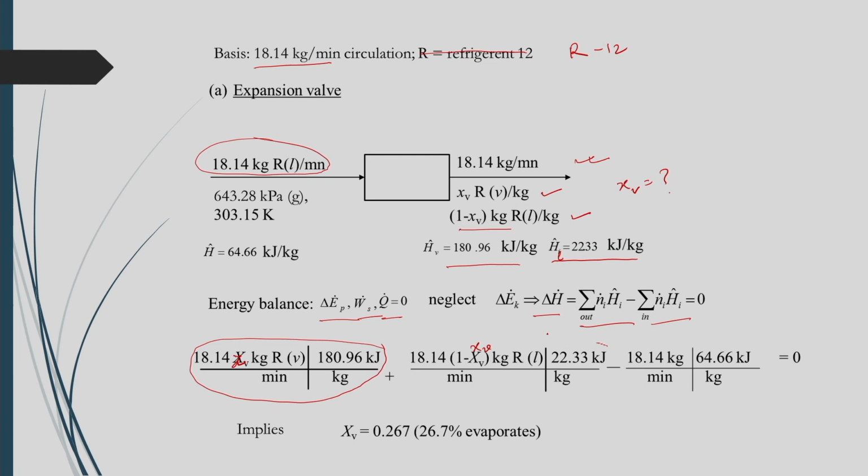Ultimately this gives the enthalpy of the liquid in the outlet stream. Now, the summation of these two enthalpies gives the total enthalpy in the outlet streams.